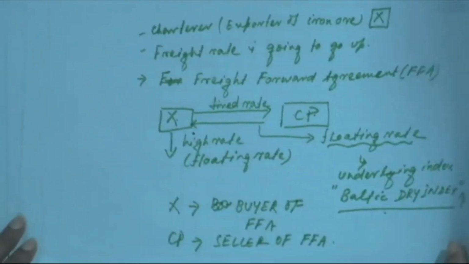And let's take another example where the shipper is fearing that the freight rate is going to go down, which is the case right now. In fact, the shipping rate is very strongly related not only with economic activity, it is also related with the crude oil price. So if the crude oil price goes down, the bunker cost goes down, and the shipping rate also accordingly goes down.